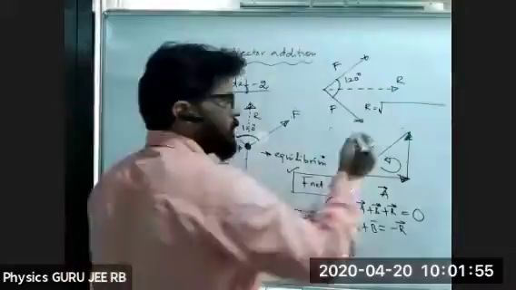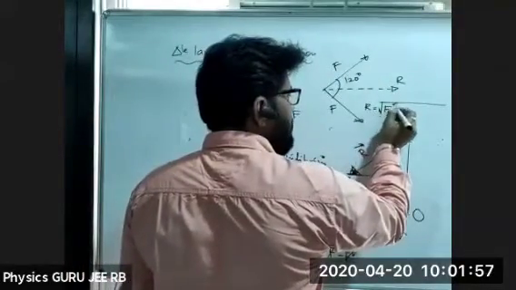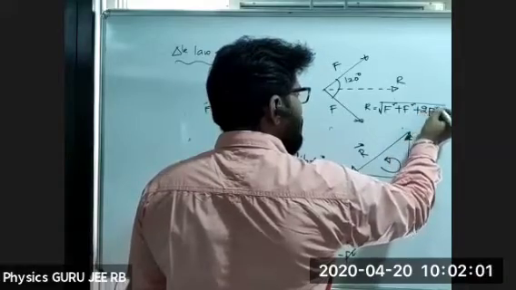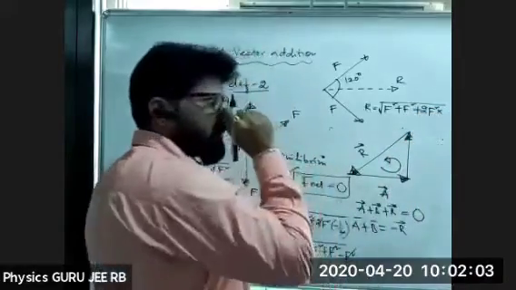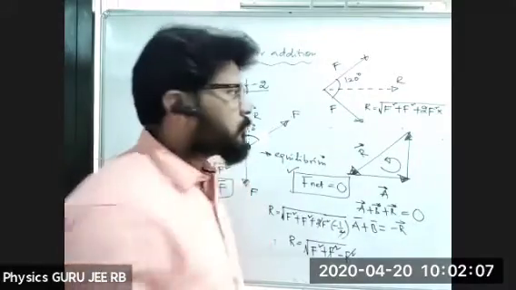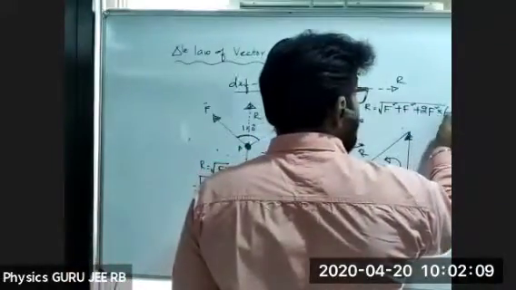If I substitute here, F square plus F square plus 2F square into cos of 120 degrees. Cos of 120 degrees is minus 1 by 2.